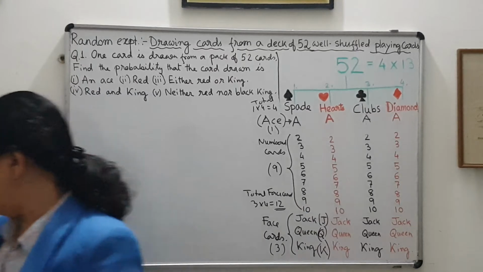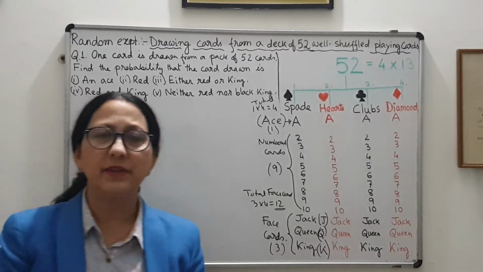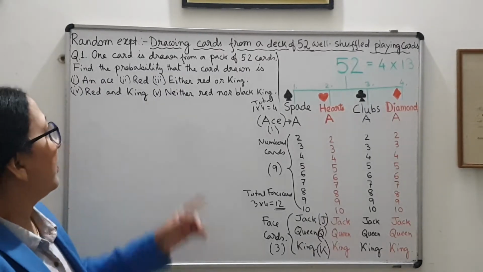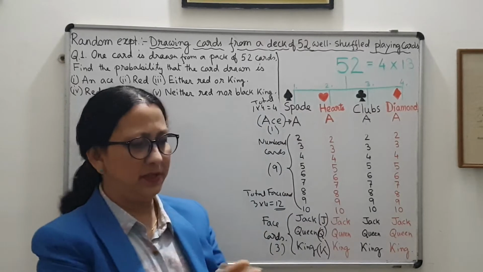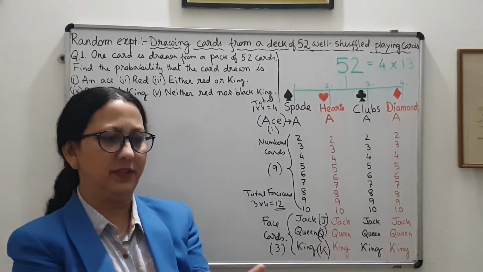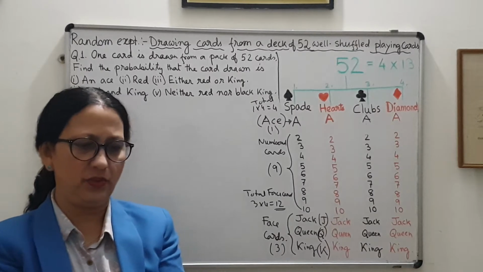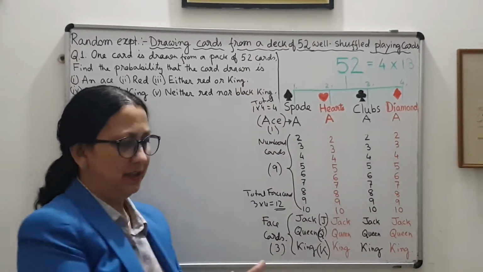Now when I say well shuffled, what is the random experiment? The random experiment is a deck of well shuffled cards, which means I'm shuffling this, so I don't know which card is placed where. They are not arranged serially.